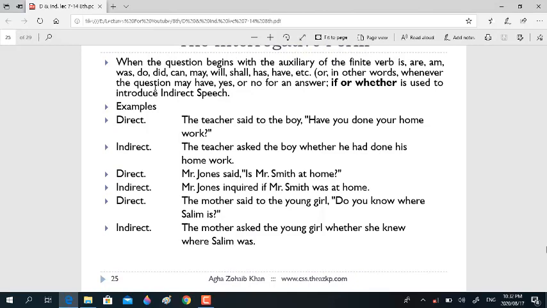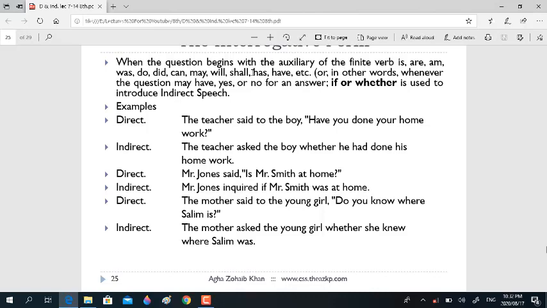When the question begins with the auxiliary of the finite verb: is, are, am, was, do, did, can, may, will, shall, has, have. Okay, I had forgotten to tell you that can will change into could, may into might, and will into would, right?